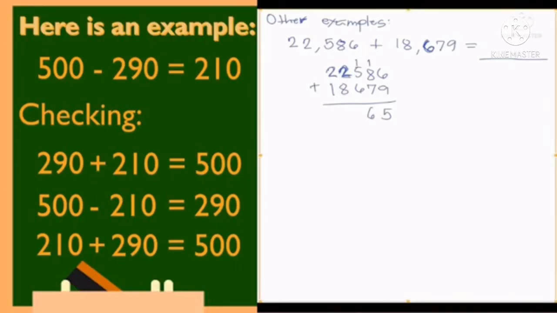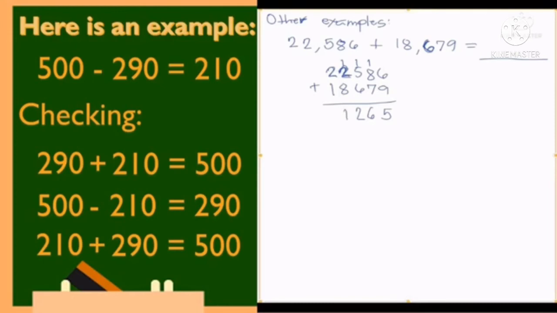1 plus 5. That is 6. 6 plus 6. 12. Very good. So I will put 2 here and then 1 here. And then 1 plus 2 is 3. 3 plus 8? 11.